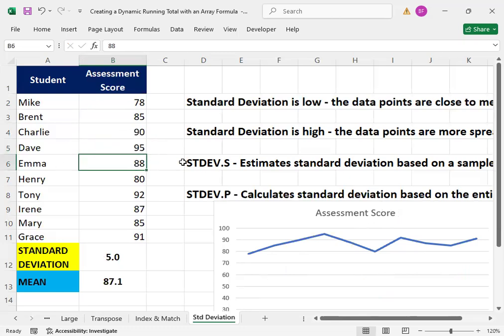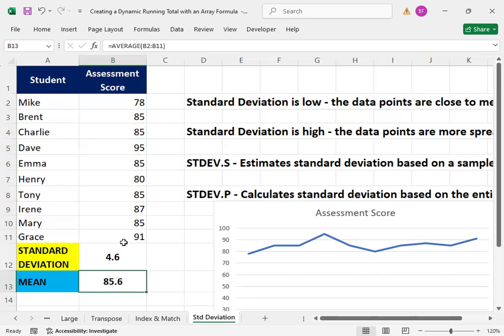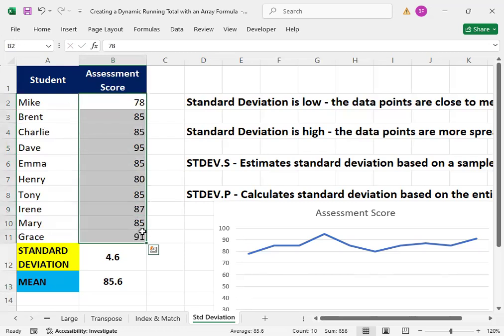I'm going to put this to 85, and this one again to 85, and this one also to 85. So the mean is 85, and the grades are mostly between 80 and 90. So it suggests fair grading.